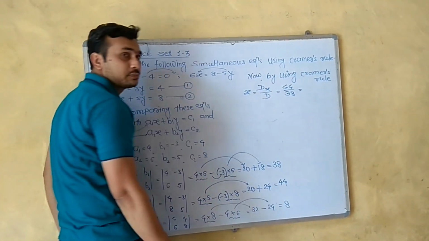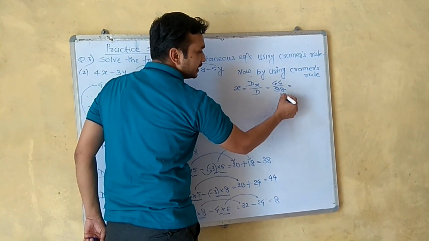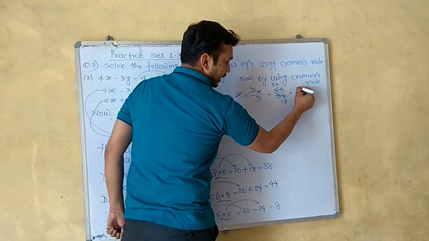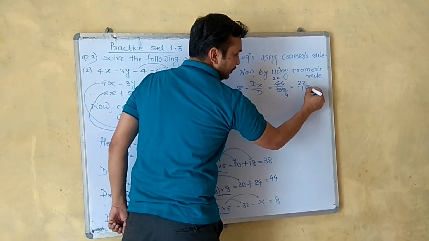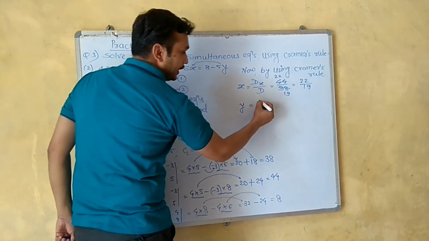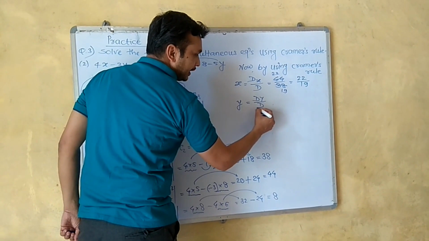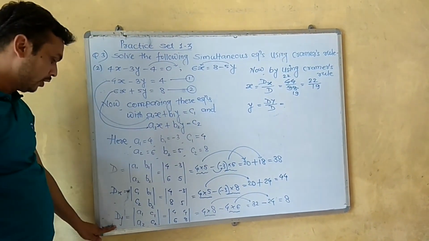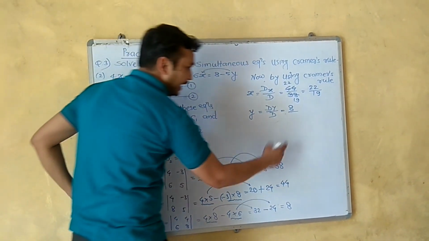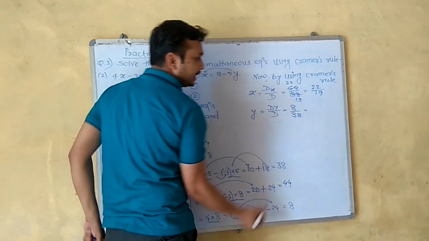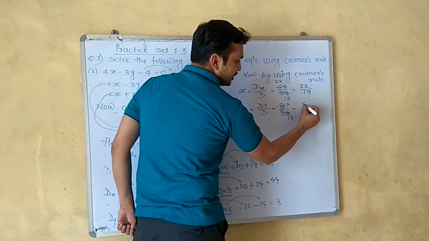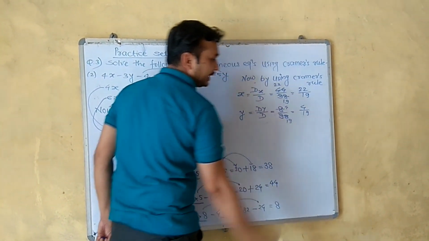Now reduce it by 2. 2 19s are 38 and 2 22s are 44. So the value of x is 22 upon 19. Similarly, y equals Dy upon D, that is 8 upon 38. Reduce it: 2 4s are 8, 2 19s are 38. So that is equal to 4 upon 19.